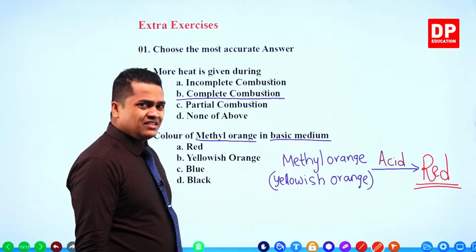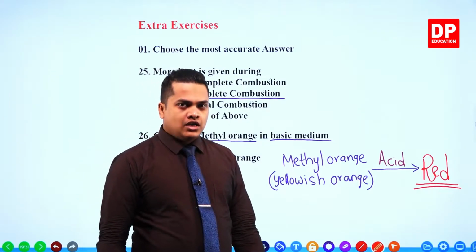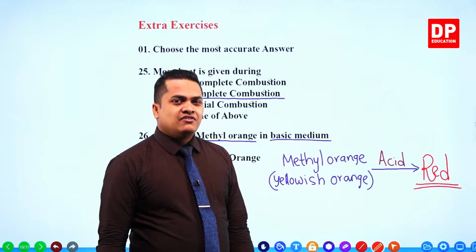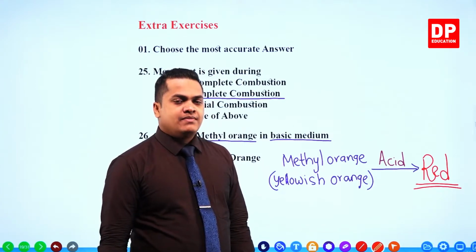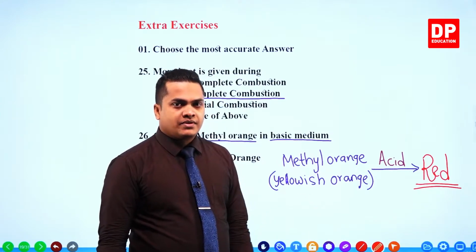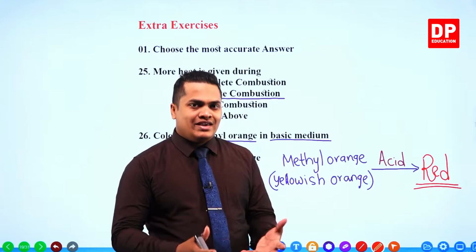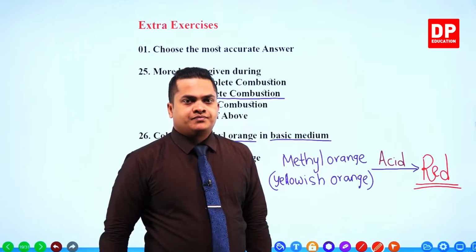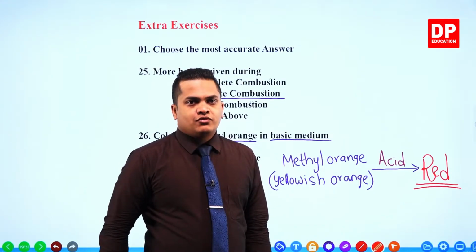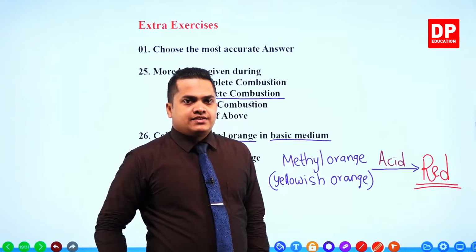With a base there is no change in color. The color of methyl orange remains the same with a base. If you add methyl orange to a base, there is no color change. It can give a color only with acids.